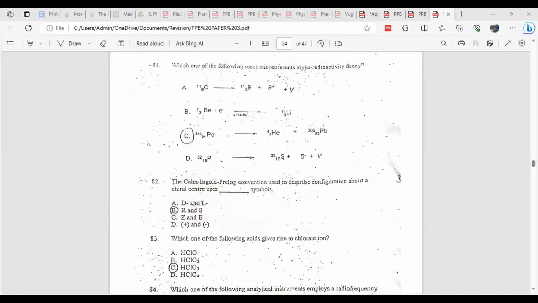Walai tuko, mimi naona hata ni R&S now, and that other time I was convinced it's Z&E, but naona kama ni R&S because the question is asking the Cahn-Ingold convention used to describe configuration about a chiral center. Acha tupige a bit more research. Hebu niulize. Configuration about a chiral center, Cahn-Ingold rules.